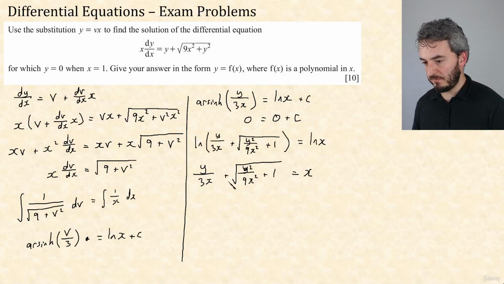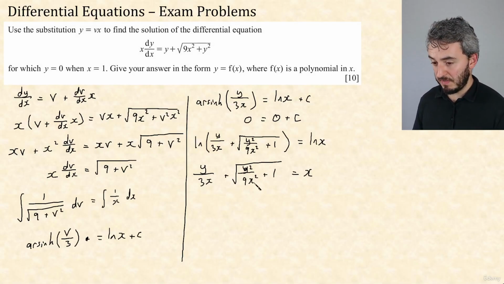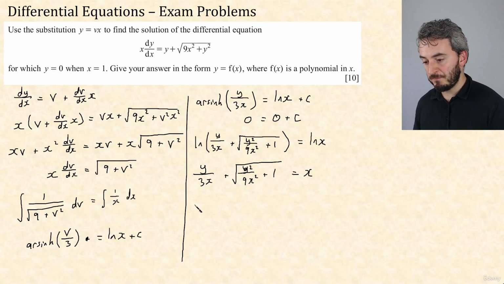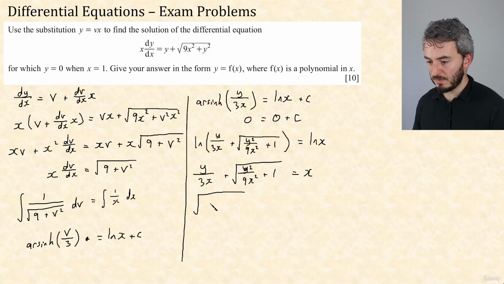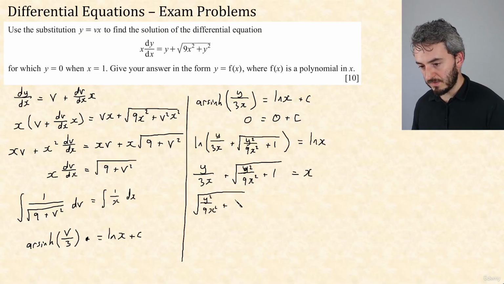Okay, I think we just have to get things over to one side and just square both sides in the end. So root, could we do anything here? Let's not bother for now. Root y squared over 9x squared plus 1 equals x minus y over 3x.